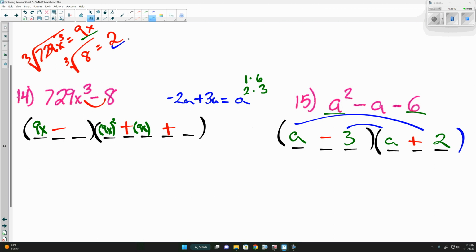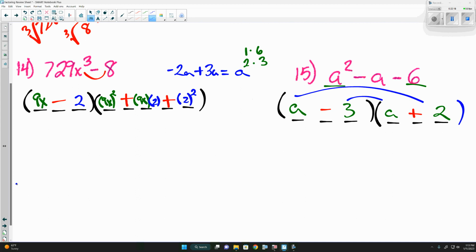Our second term is 2. So we'd have 2, 2 to the first in the middle, and the last one is 2 squared. Luckily, simplifying the first set of parentheses is nice because we don't have to do anything. We just rewrite it. Now 9x squared, 9 squared is 81. And x squared is x squared plus 18x plus 4.